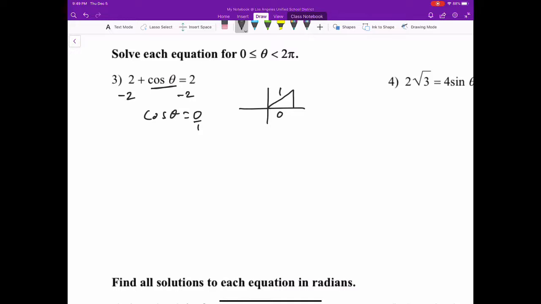So we could be over here at π/2. That's one possibility. And the next possibility, cosine is also 0 down here, so we're at 3π/2. So theta can be π/2 and 3π/2.